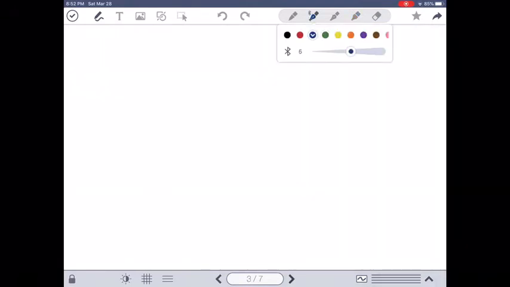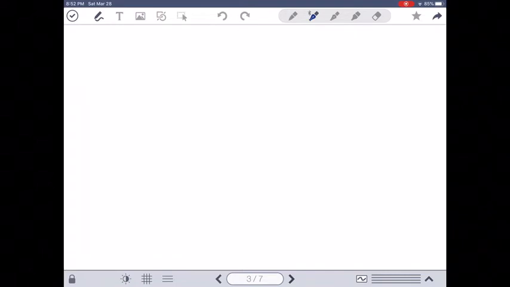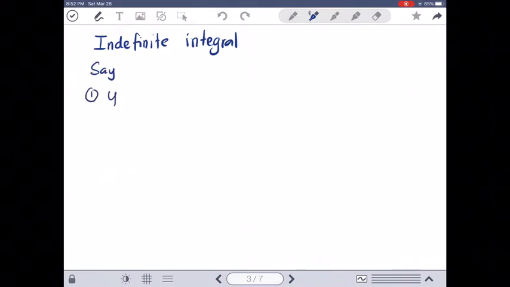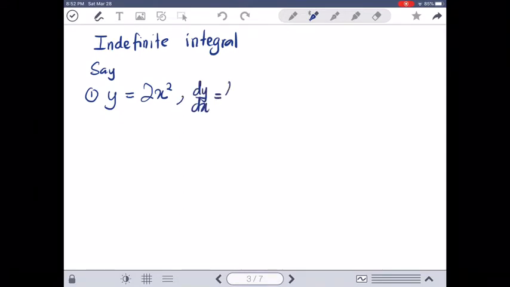And I also want to talk about the indefinite integral. Say we have y equals 2x squared. Then dy over dx is equal to 4x.